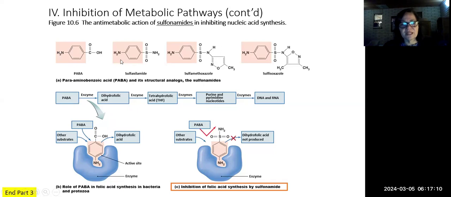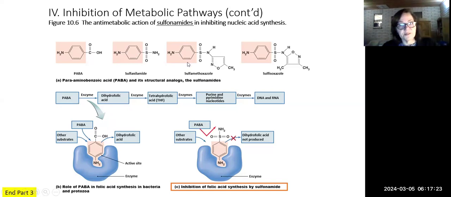Notice over here, we have an amino group and a benzene ring, and then there are some different parts of the molecule over here, sulfur, another amino group, etc. Over here, a third version of this, but what's identical is the amino group and the benzene ring, and then some other part of the molecule, and finally, once again, amino group, benzene ring, and some other part of the molecule.